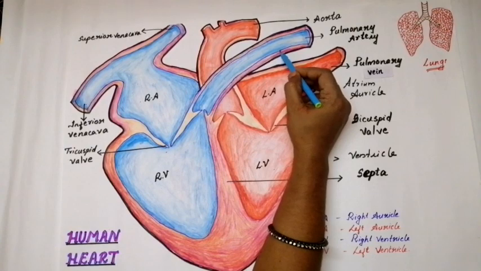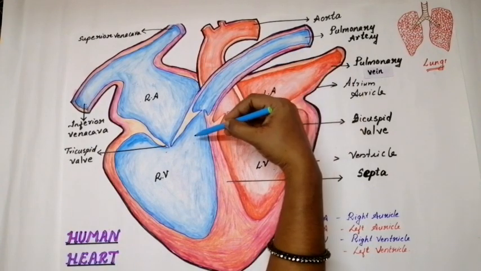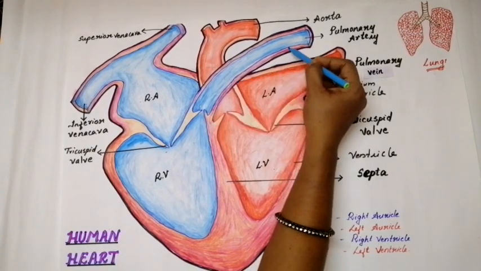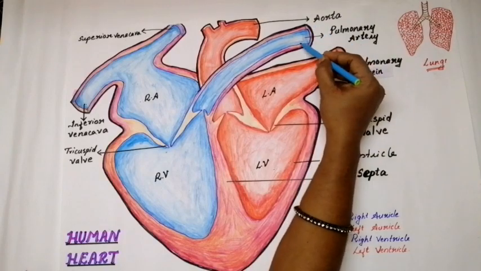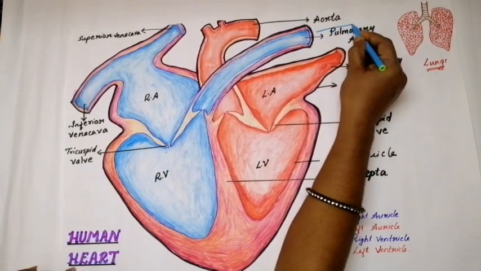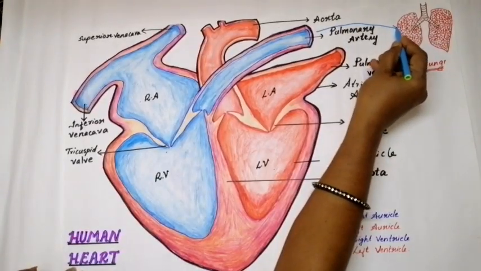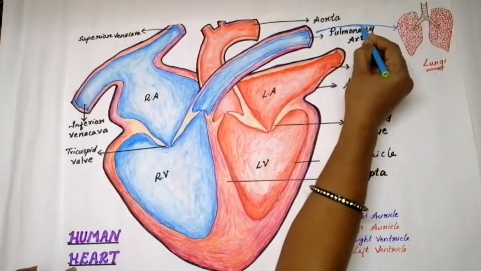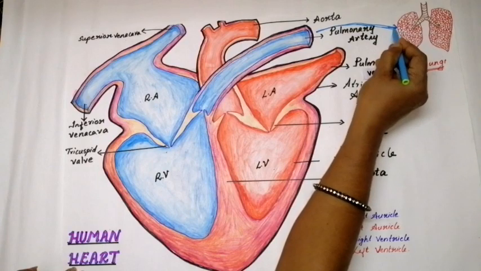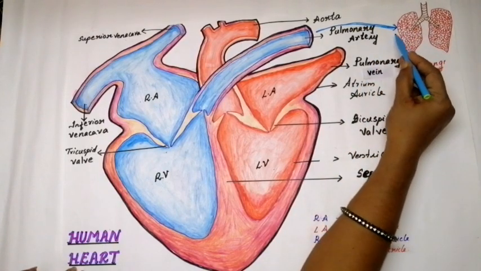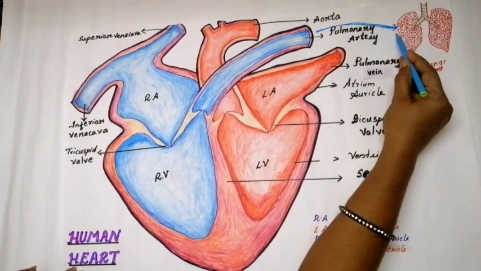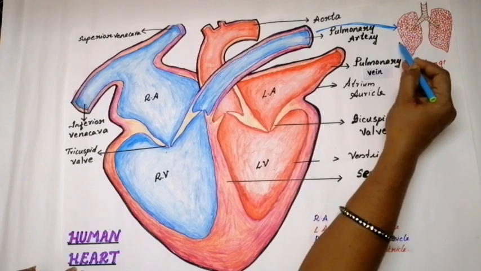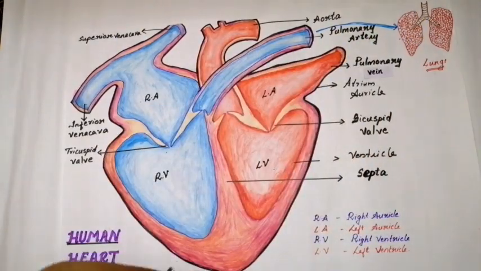Through this pulmonary artery, the deoxygenated or impure blood is carried to the lungs, where the blood gets mixed with oxygen. And this deoxygenated blood now becomes oxygenated or pure blood in the lungs.